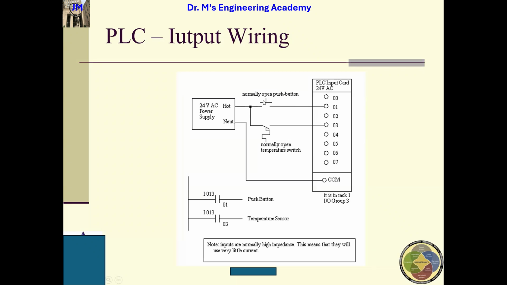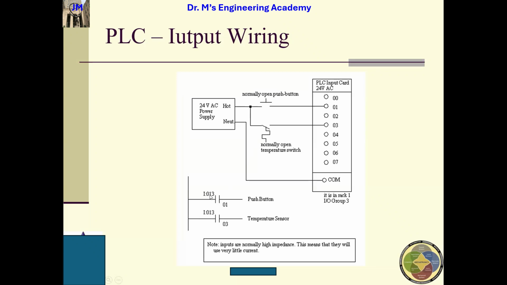This is the normally open push button, and the normally open temperature switch. There is a common, and you just put them together. Here is a button, here is a button, here is the switch. When you write these using our PLC diagram, this is a push button and this is a temperature sensor.